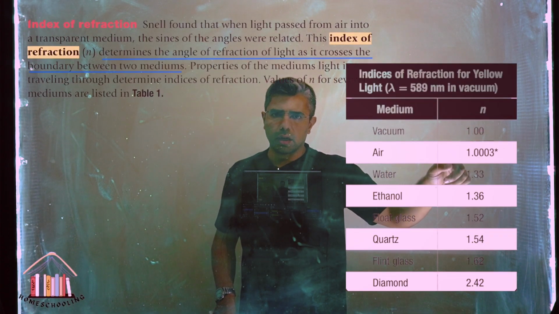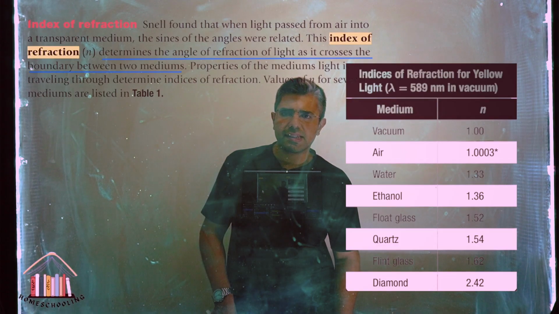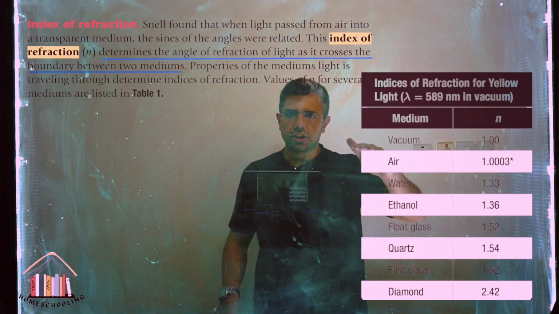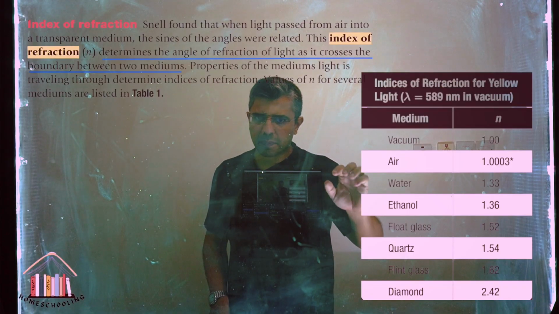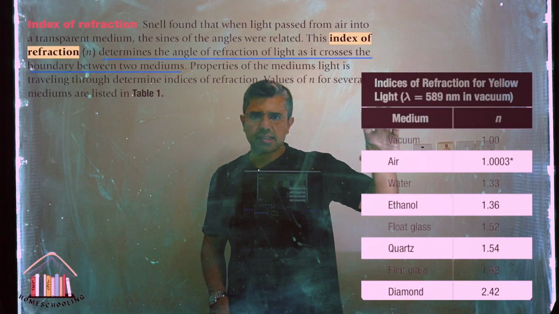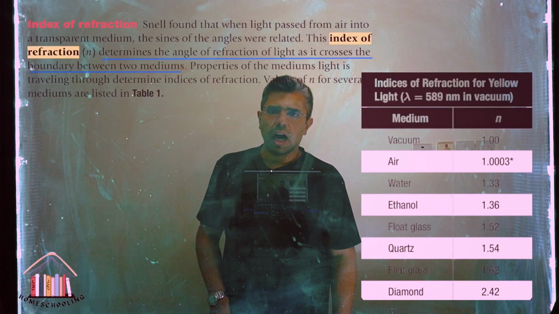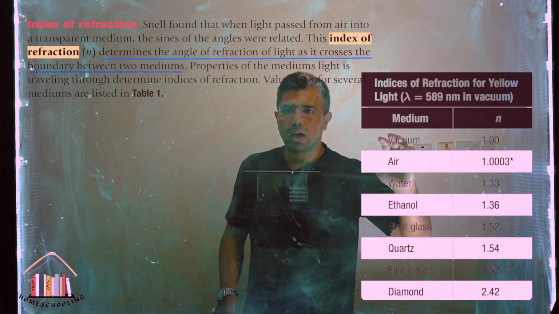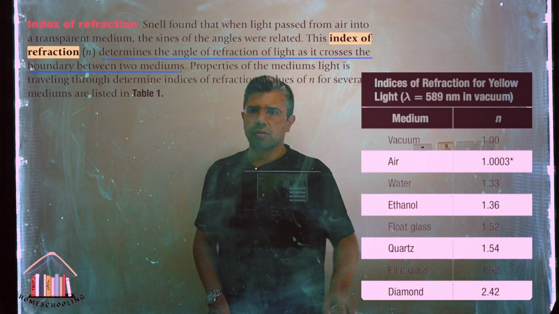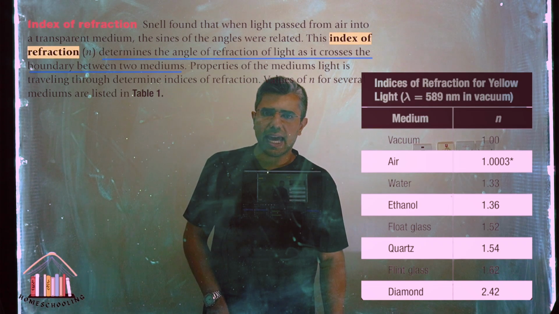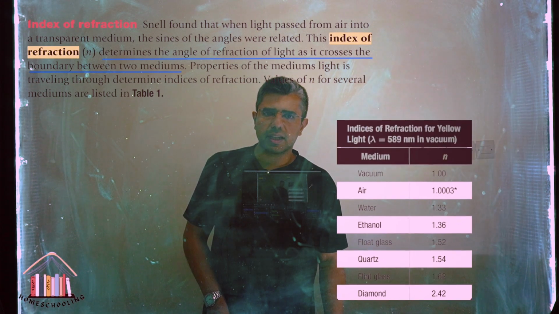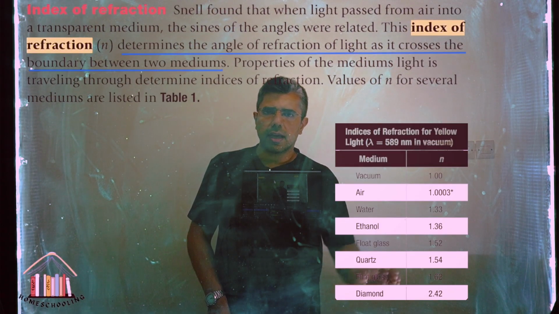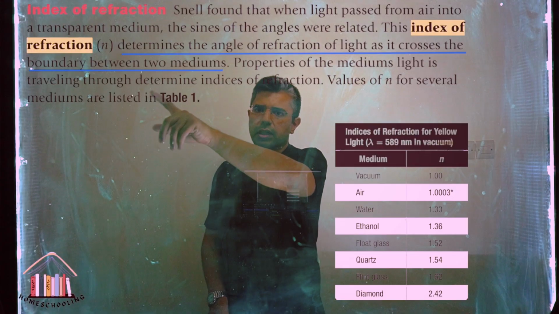N equals 1. N represents the index of refraction, which describes how much the light will deviate when passing from one medium to another. The index of refraction, N, determines the angle of the light as it crosses the boundary between two mediums.